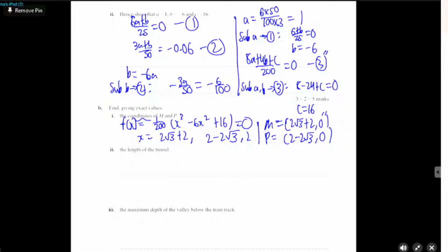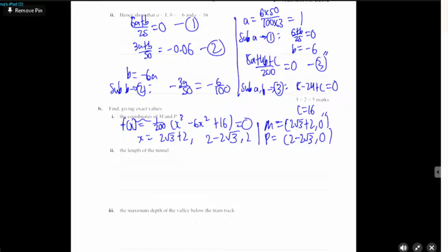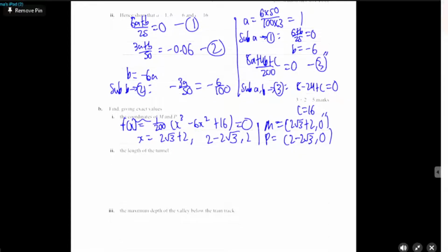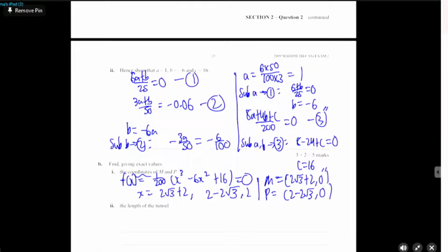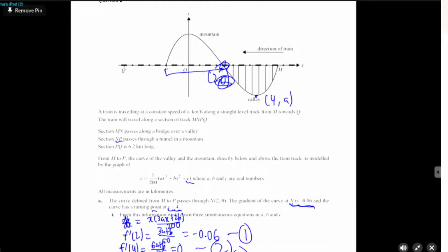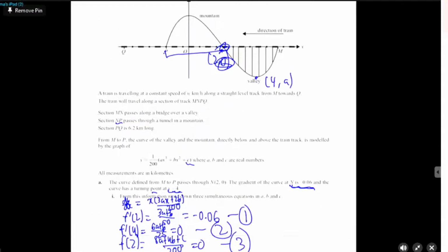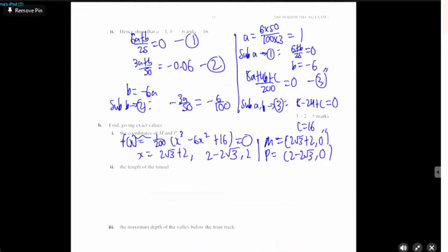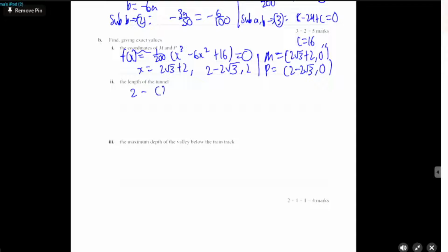Because it's from n to p, so p is 2 take away 2 root 3, and n is 2. So what you're doing is 2 take away (2 take away 2 root 3), and that is equal to 2 root 3. And that's your answer.